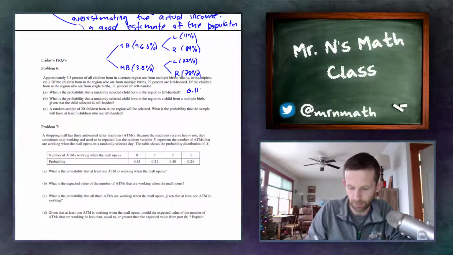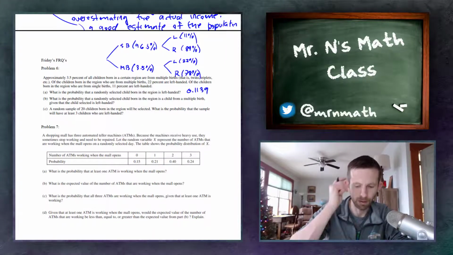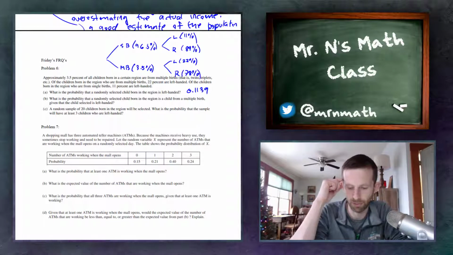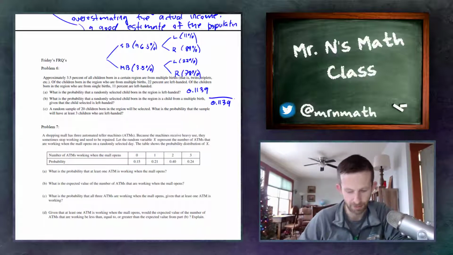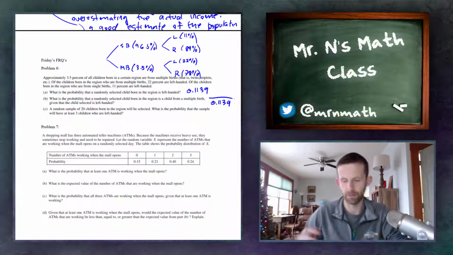So 0.1139. What is the probability that a randomly selected child born in the region is a child from multiple births, given the child is left-handed? So given that the child is left-handed, that's my denominator. What is the probability that the child is from multiple births?